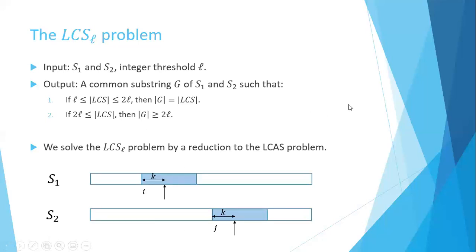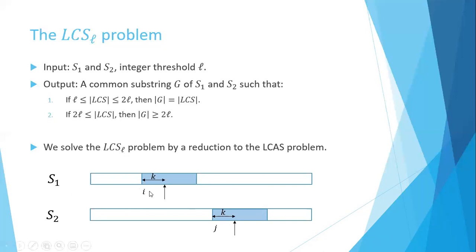So the idea is that if we have two strings S1 and S2, and we have some common string inside them, we would like to choose some anchor in A1 and a synchronized anchor for the first anchor in A2, such that the LCAS problem will find this as an anchored common substring.